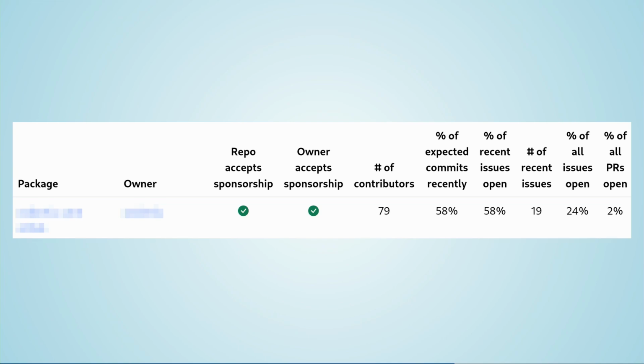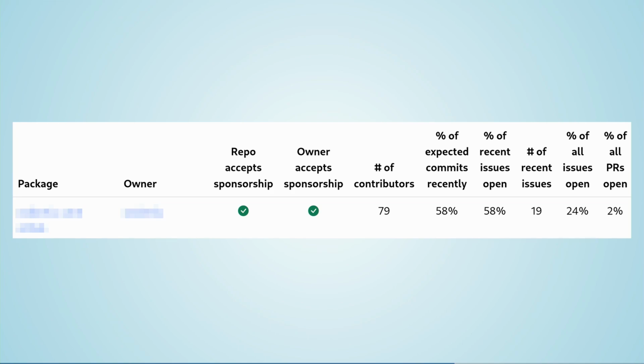So what did I find? A mixture of things, which is why the human element is important. Again, I redacted the names. Here's a package that accepts sponsorship and has a lower commit rate recently, so you can see the percentage of expected commits is lower than the historical average, and they haven't closed an issue in the last month. Or they've closed some issues in the last month.